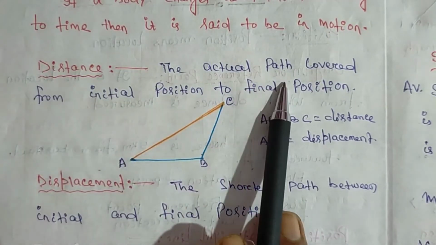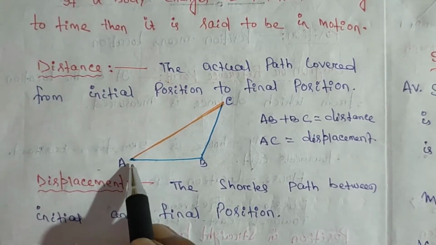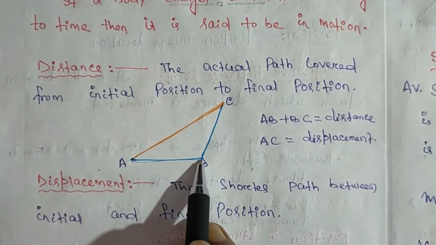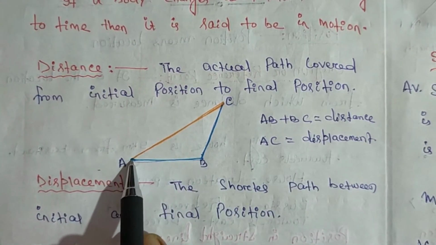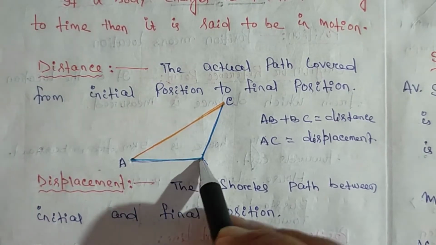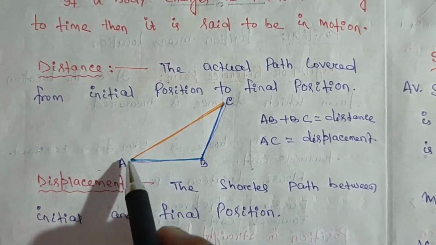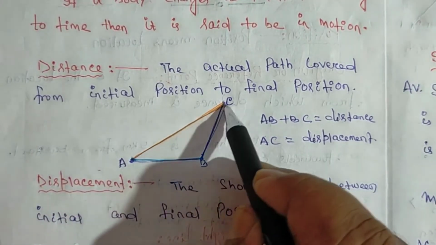Distance: the actual path covered from initial position to final position. That means a person starts moving from A and through B goes to C. The actual path he covered is the length of AB plus BC. But the shortest path between the initial point A and the final point is AC.